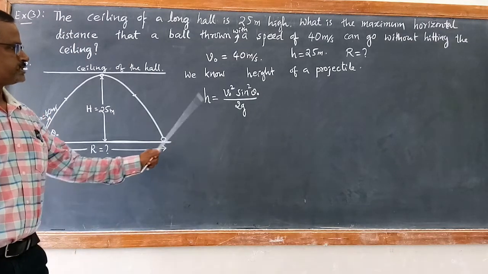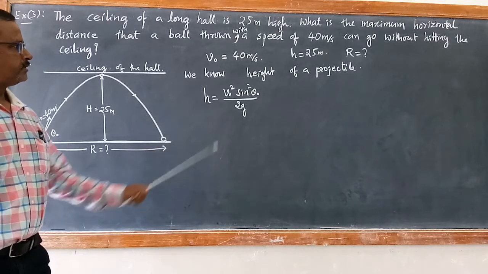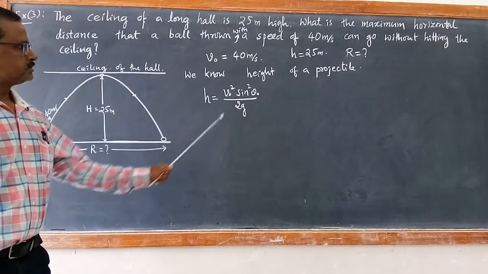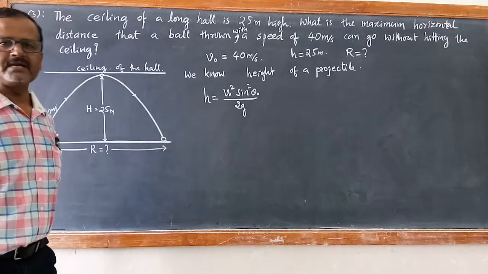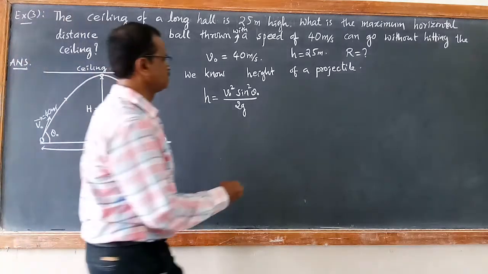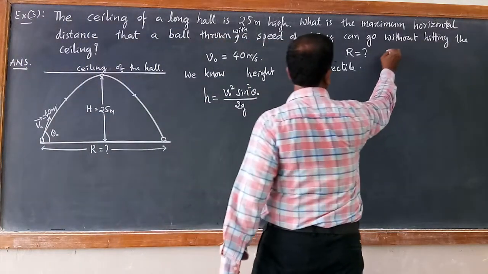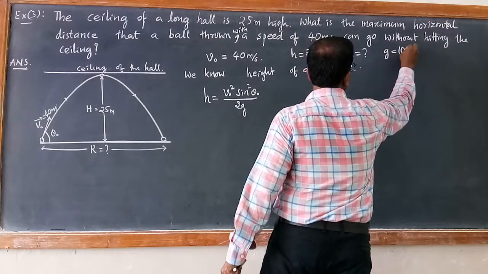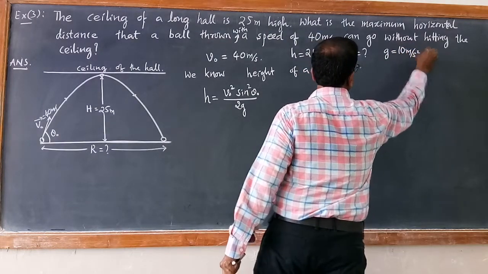Now in this h is given 25 meter, v0 is given. So g, let us take g as 10 meter per second square for convenience.